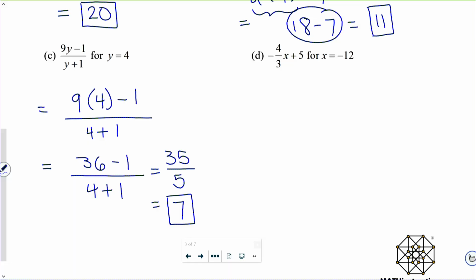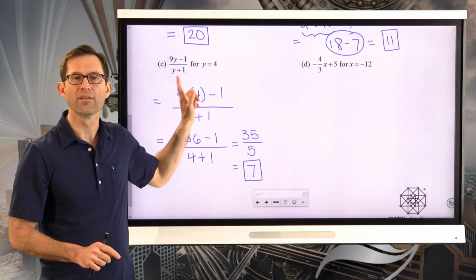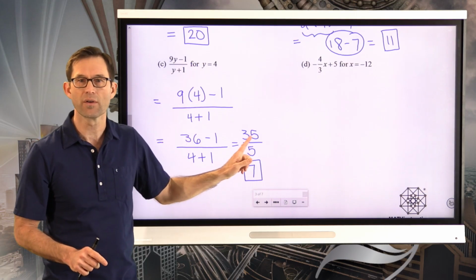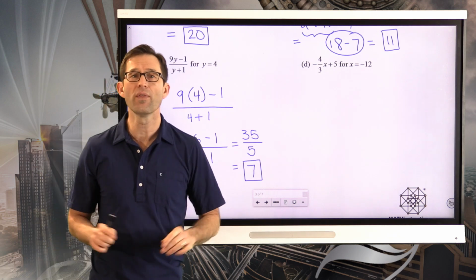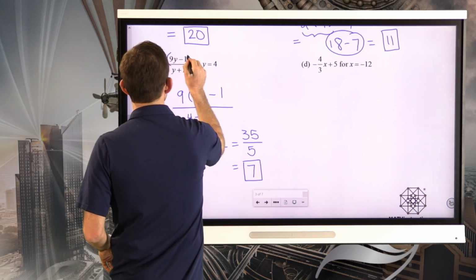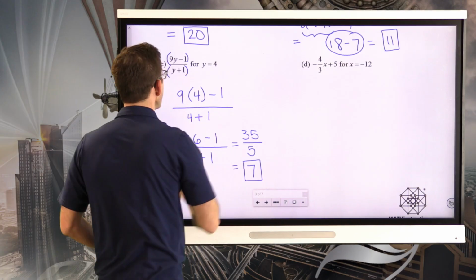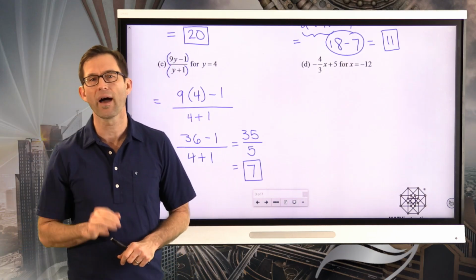By the way, notice in this particular situation that we work through what the entire numerator is, which is 35, and the entire denominator, which is 5, before we do that final division. It's almost as if there are parentheses sitting around the numerator and denominator. And there kind of are. They're what are called implied parentheses.